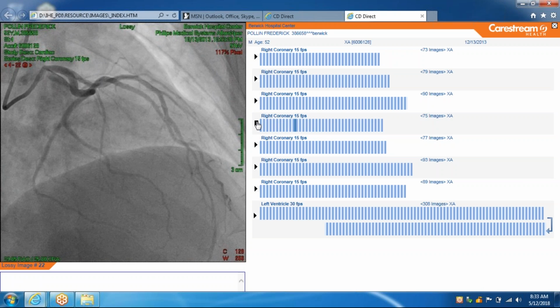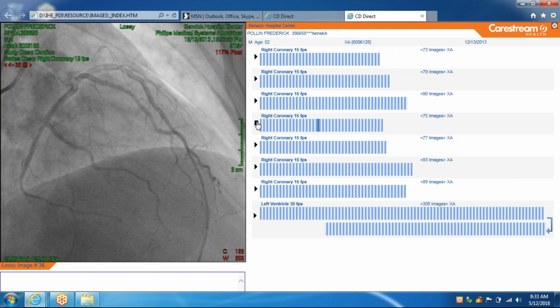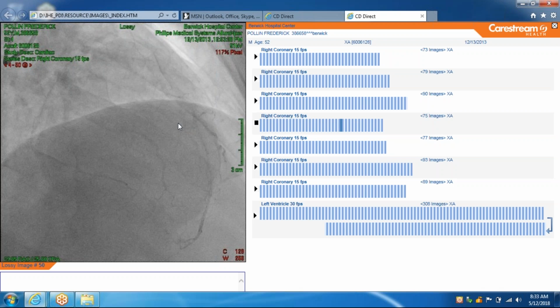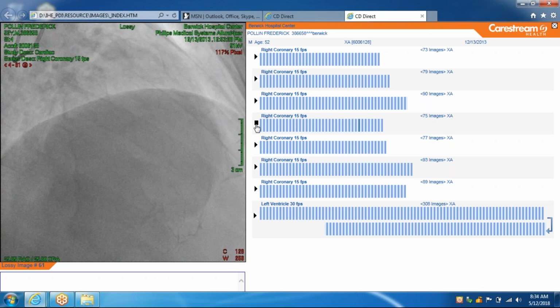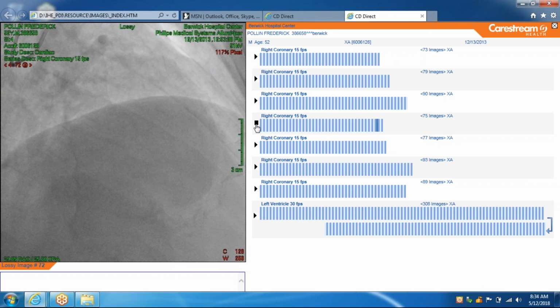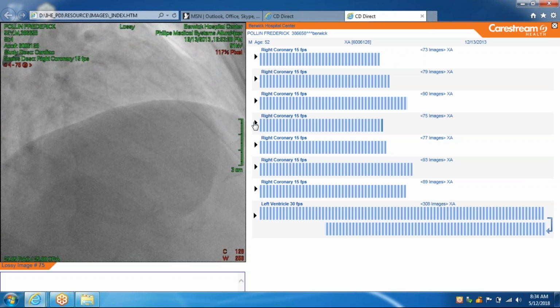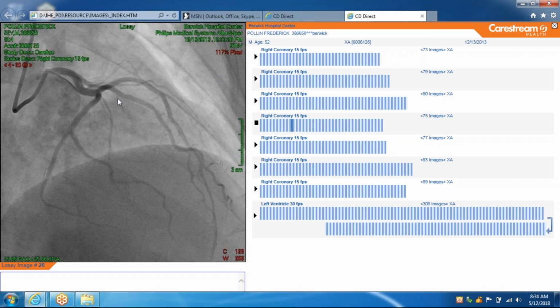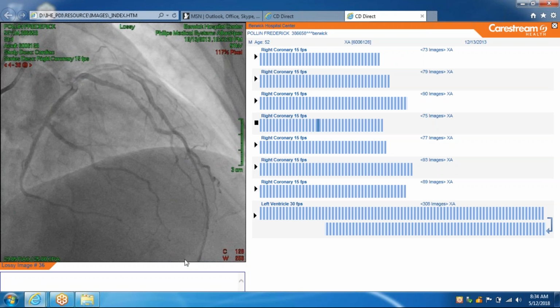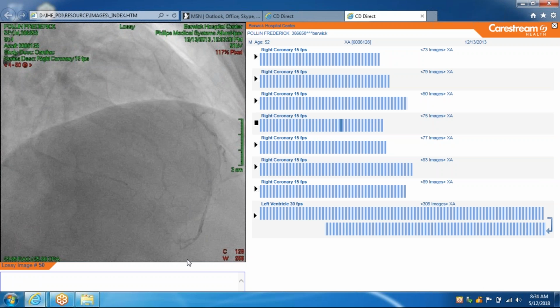Okay, so this is another view. Again, remember the LAD is the one that loops around the apex of the heart. Okay, the left anterior descending coronary is the blood vessel that usually loops around the apex of the heart. The apex of the heart is down here. So, this one is the LAD because it comes down to the apex.